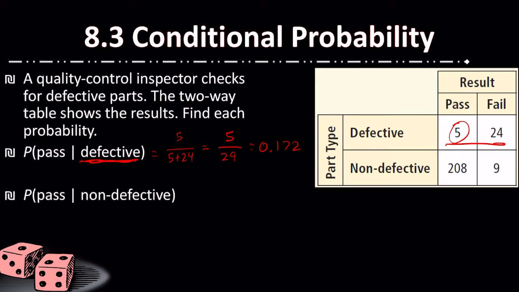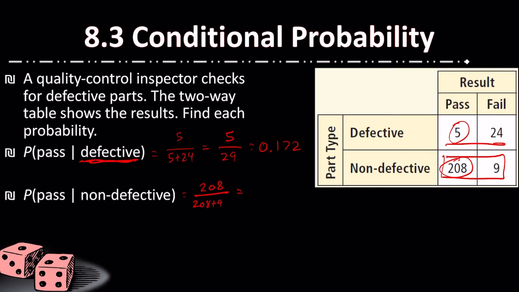Let's try another one. What's the probability that it passes given that it's not defective? All right, so we want to look at the non-defective. The passing ones are the 208. And the total is the non-defective because we're given that it's not defective.